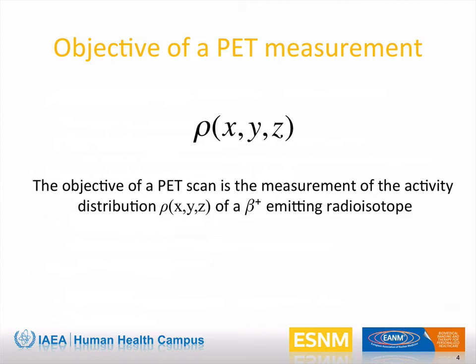This distribution can be described in terms of a function ρ of the spatial coordinates x, y, and z. In some cases, it can also be interesting to study the evolution of this distribution in time. This is the basis of kinetic PET measurements.